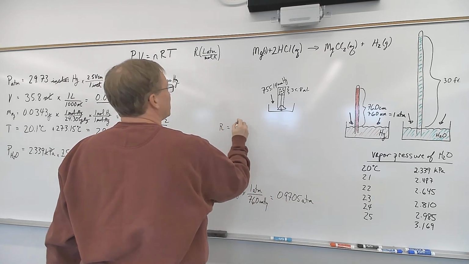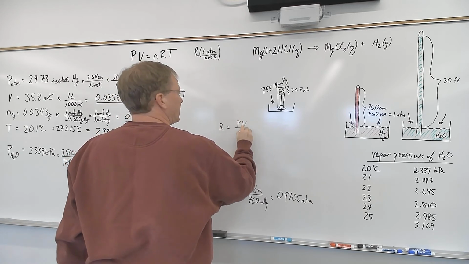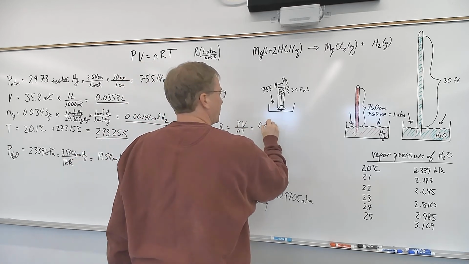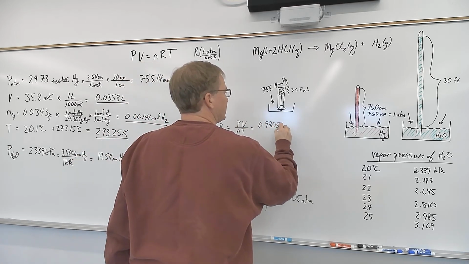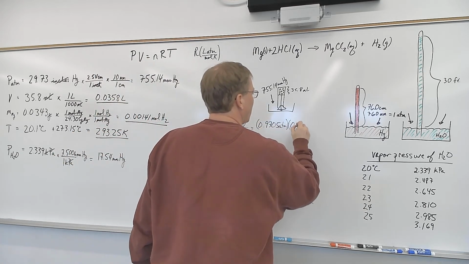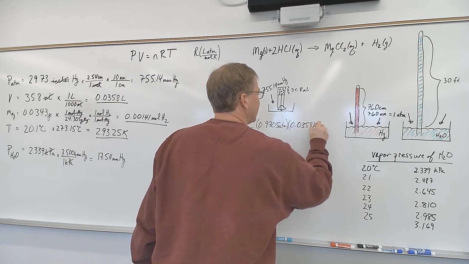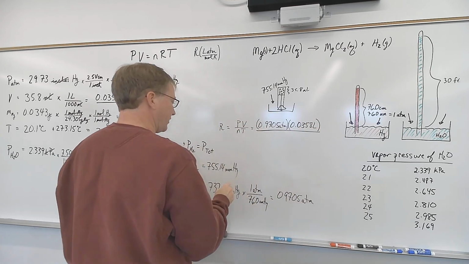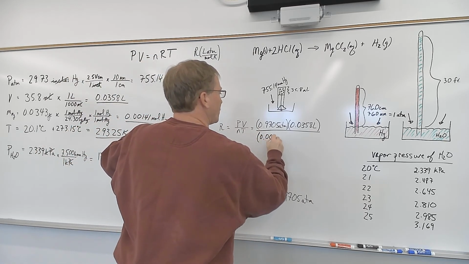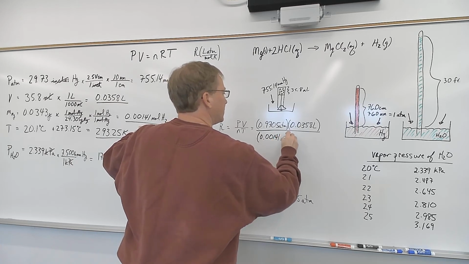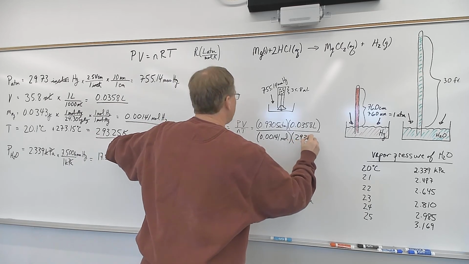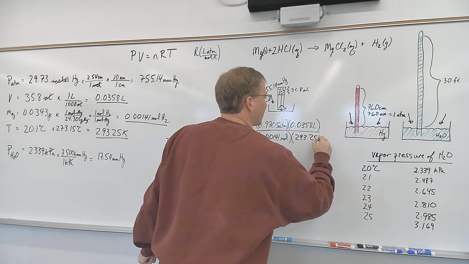R is going to be equal to PV divided by nT, which is equal to the pressure, 0.9705 atmospheres, times the volume, 0.0358 liters, divided by the number of moles of the gas, that's 0.00141 moles, times the temperature, 293.25 Kelvin.